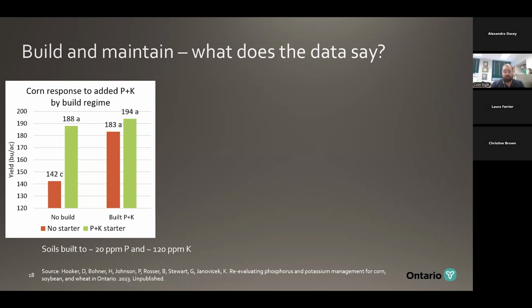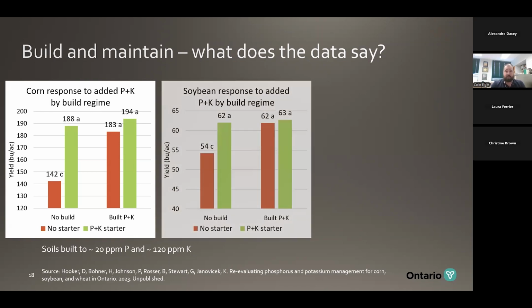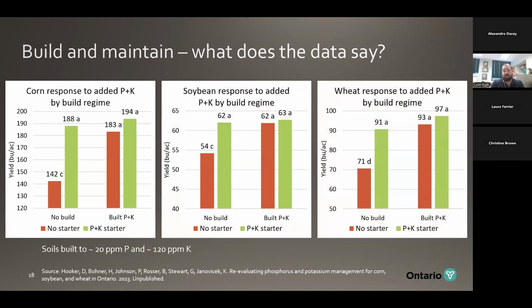So no fertilizer whatsoever, we've still got a higher chance of getting those high yields if we've got moderate testing soils to begin with. And the same holds true for both soybeans and wheat.